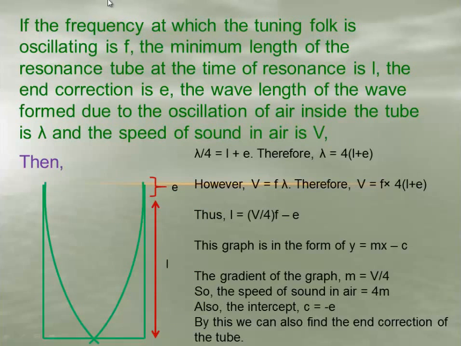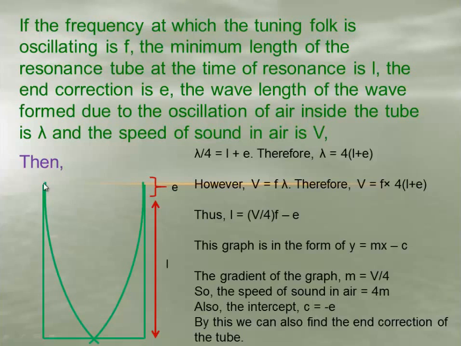If you consider the tuning fork to be oscillating with a frequency of F, and the minimum length of the resonance tube at the time of resonance is L, and the end correction is E, you can measure the end correction easily. Now this is 1/4 of a wavelength, so this is an antinode, this is a node.